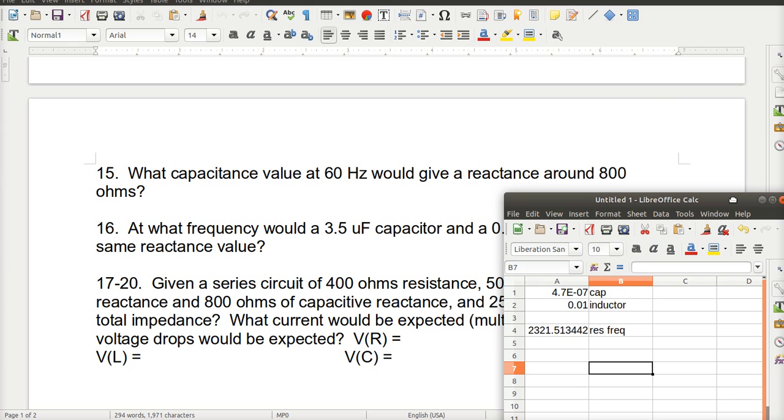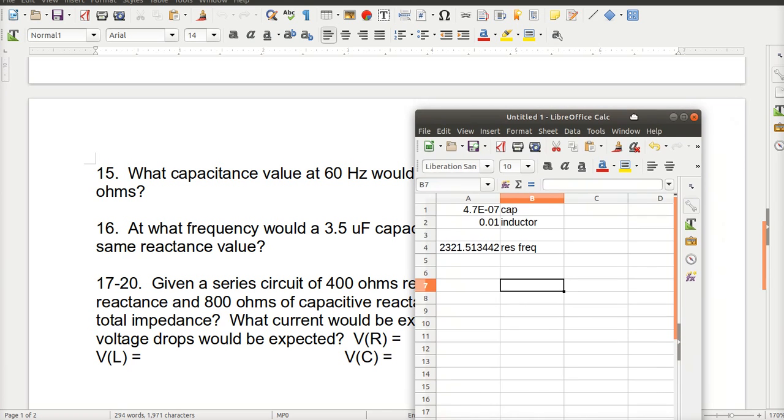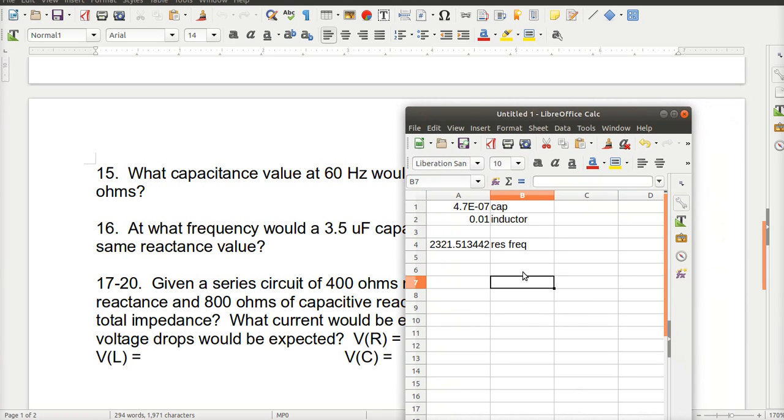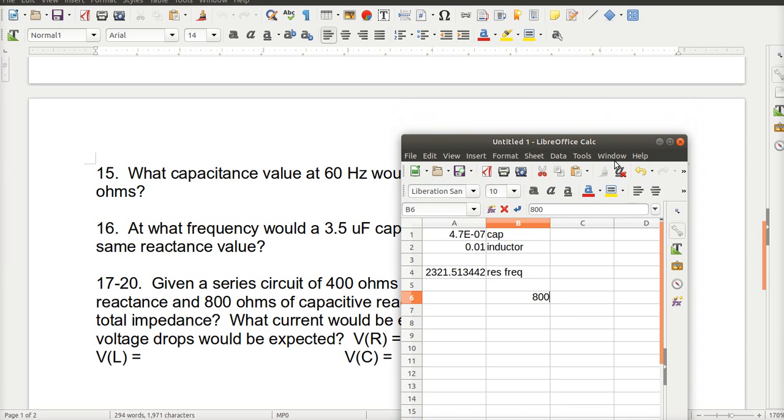So I'm solving for C. So if I put in my reactance of 800 and my frequency of 60, that's XC and F, then I can come up with what C is.